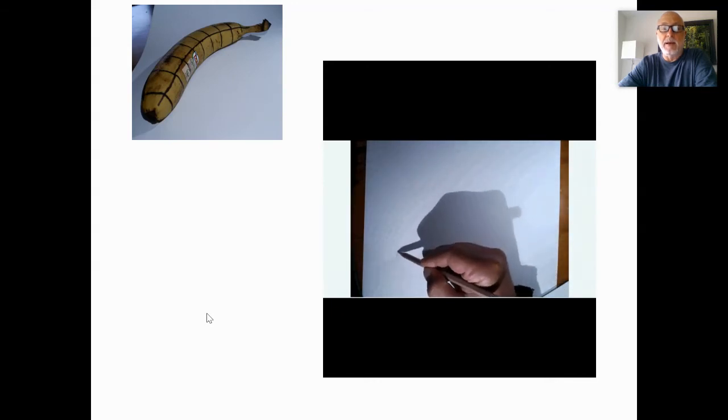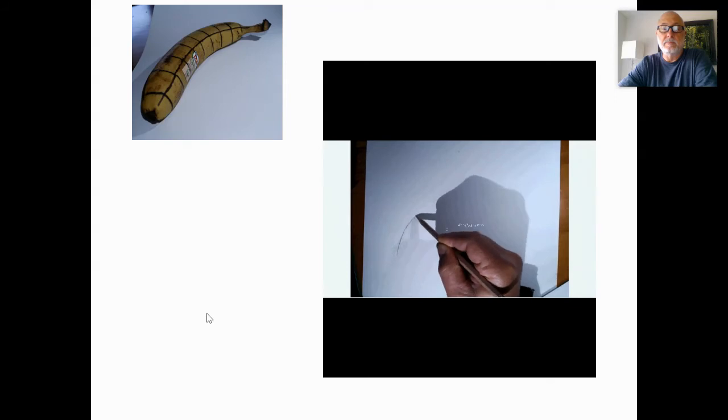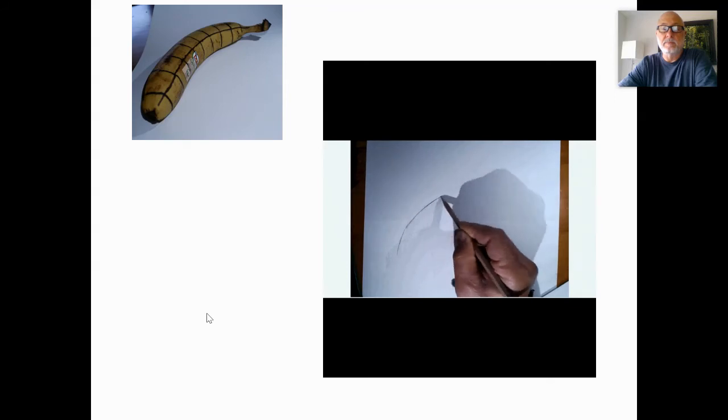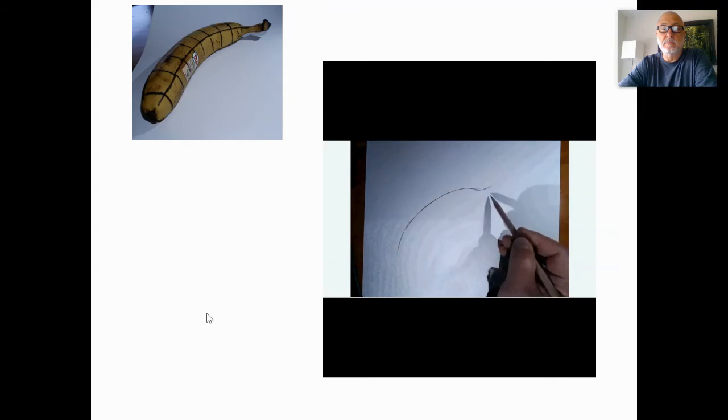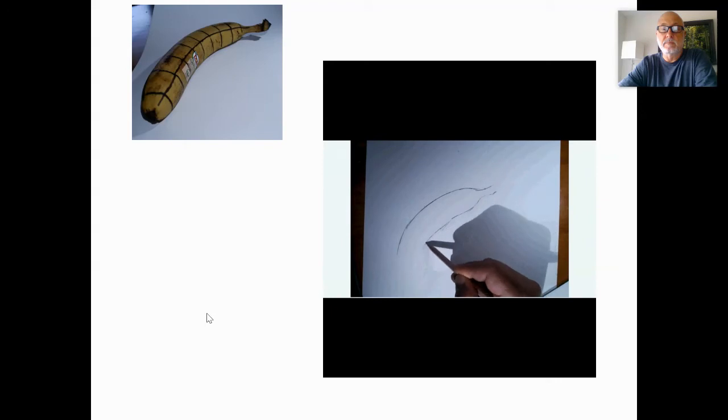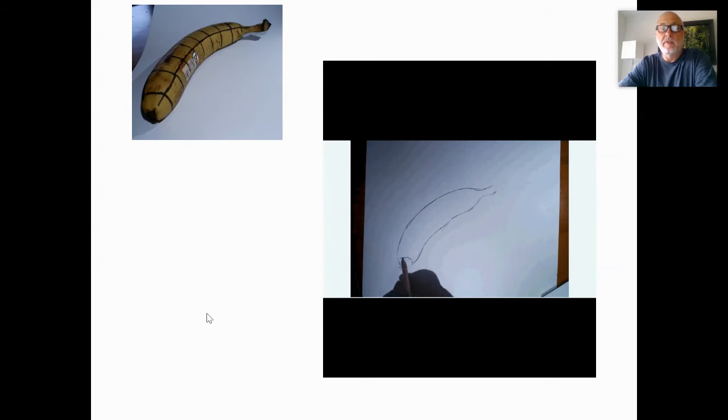I'll start with a simple outline. Now, based on this view of the banana, the contour lines are mostly curving upward.